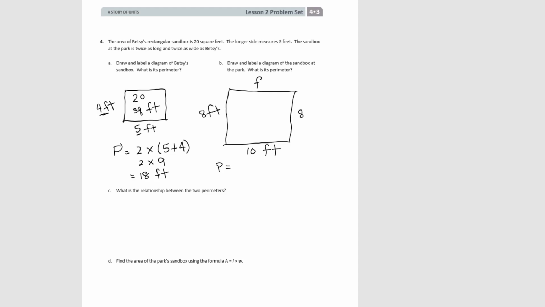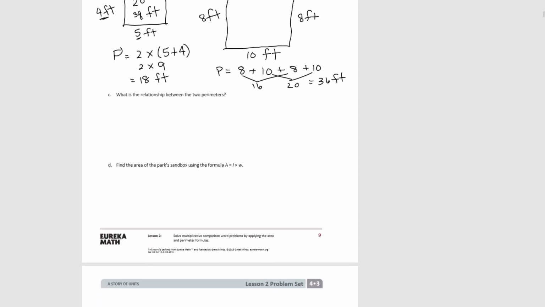So we know these opposite sides are the same. So let's use this formula, 8 plus 10 plus 8 plus 10. 10 plus 10 is 20. 8 plus 8 is 16. So together we have 36 feet. Take a minute and answer C.